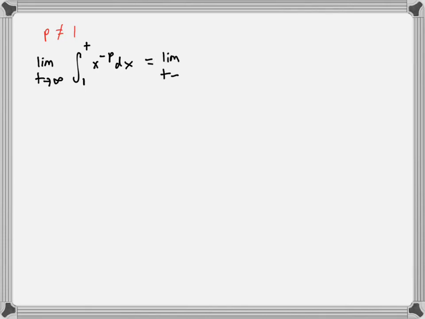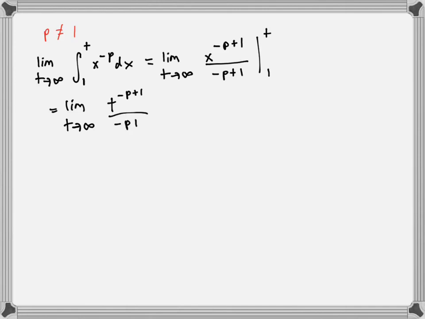We get the limit as t goes to infinity of x to the -p plus 1 over -p plus 1, going from 1 to t, which is equal to the limit as t goes to infinity of t to the -p plus 1 over -p plus 1, minus, and if you plug in 1, you get 1 over -p plus 1.